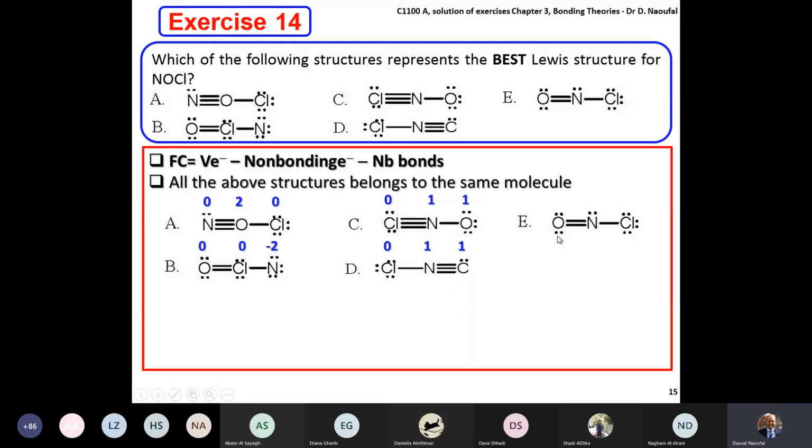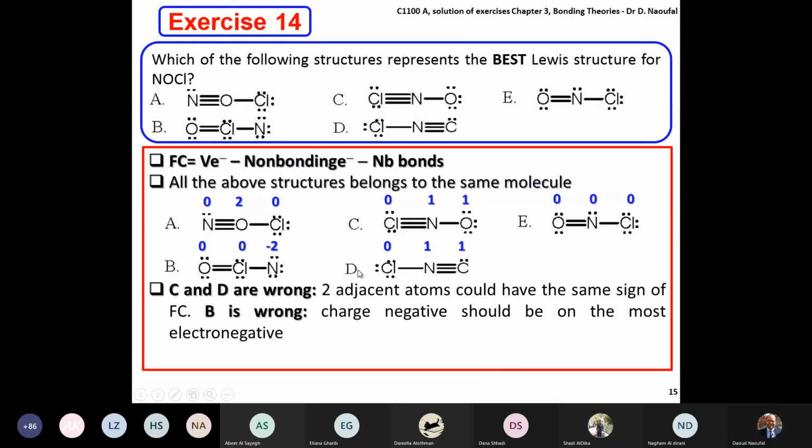And for E, 6 minus 4 minus 2, so 0. 5 minus 2 minus 3, the formal charge is 0. For Cl, 7 minus 6 minus 1, so the formal charge is equal to 0.